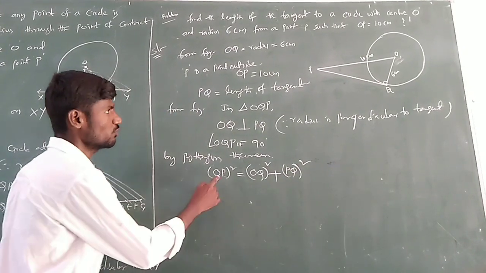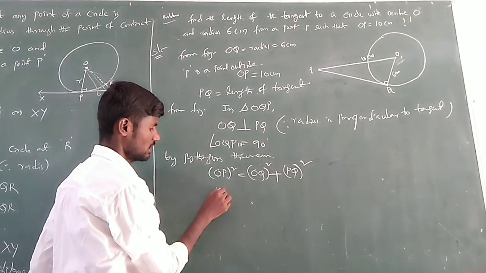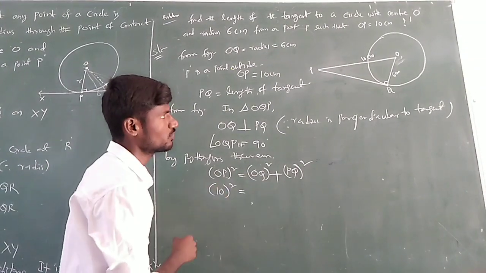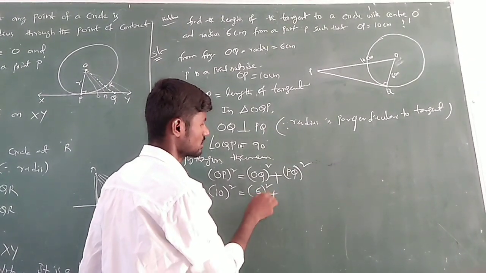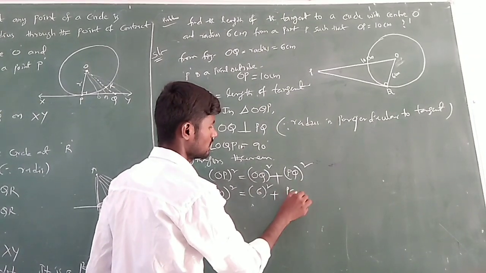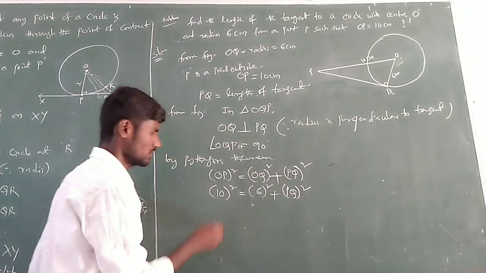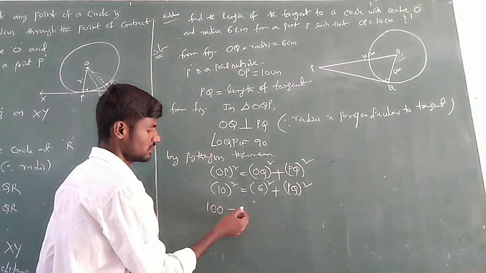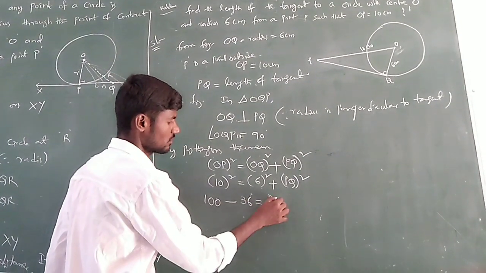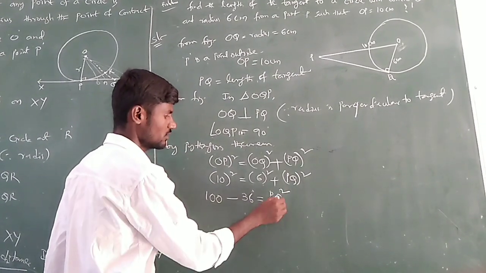That's it. So now OP. What is the value of OP? 10 whole square. OQ is given, yes, 6 whole square because it is the radius. PQ, what is that? Length of the tangent. We need to calculate. So 10 square is 100, 6 square is 36. Transpose it to the left side. 100 minus 36 equals PQ square. But we need to find PQ.